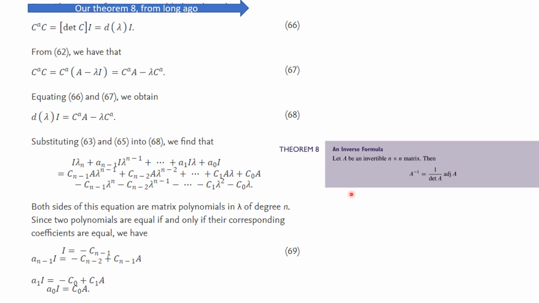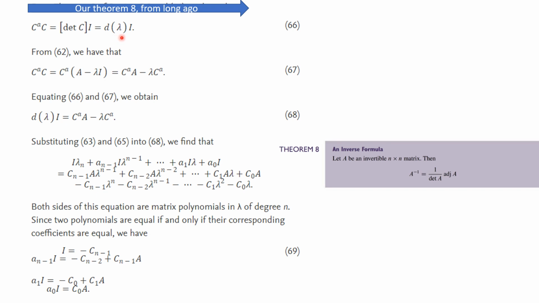And we had theorem 8 from earlier in the course: if A is an invertible matrix, then a formula for A inverse is 1 over the determinant of A times the adjoint of A. Translating that to our current situation, we have that Ca times C is going to be the determinant of C times I, but the determinant of C is the polynomial d of lambda.